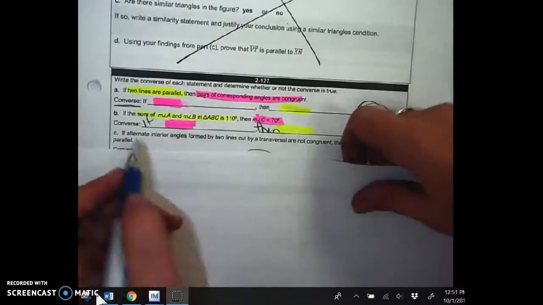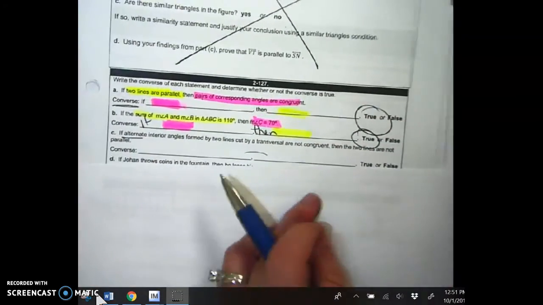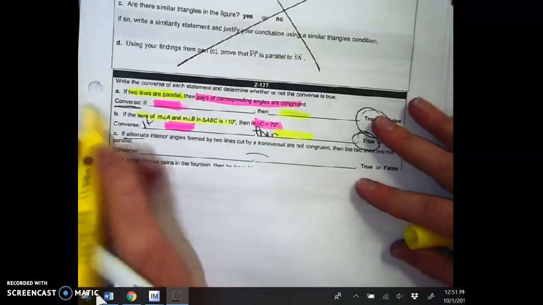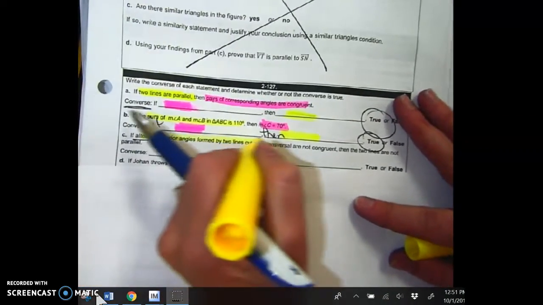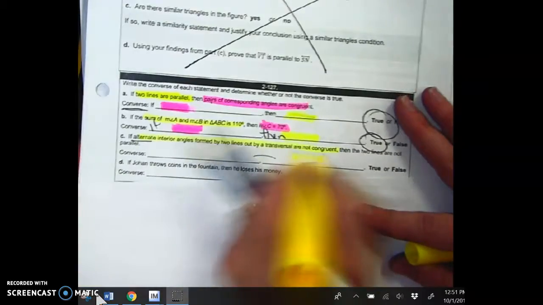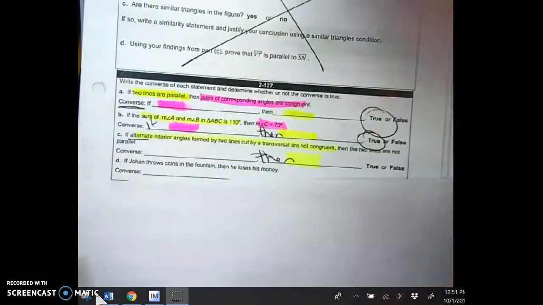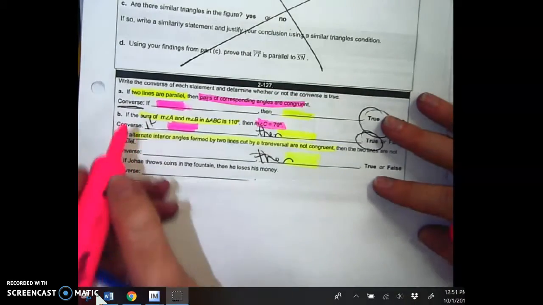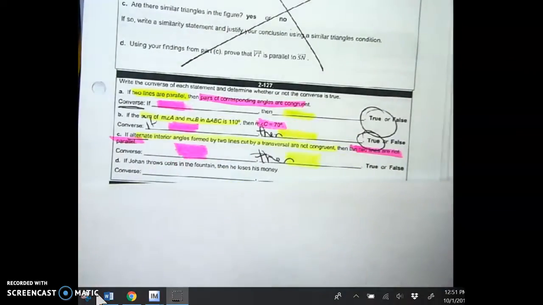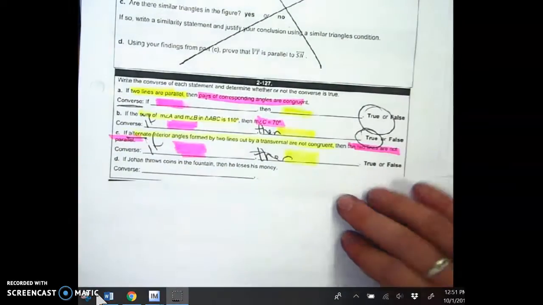All right, if alternate interior angles formed by two lines are not congruent, so that would be the then, if two lines are not parallel. Okay, so let's look here.